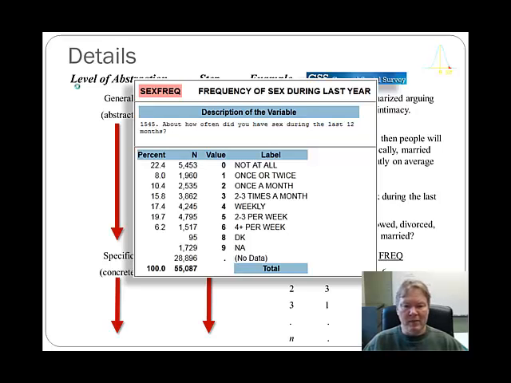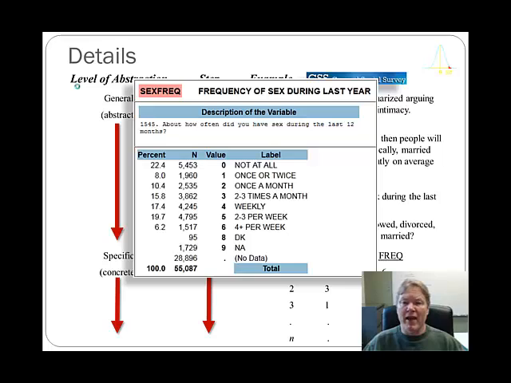Similarly, we ask people, option number 3, 2 to 3 times a month. Again, this is a relatively imprecise number. So notice that when we talked about measurement on the slide before in the positivist model, we have an issue with this particular variable. This variable requires that people have good recall about their sexual behavior, that they remember what they have done during the past year and are able to make a reasonably good estimate of it.